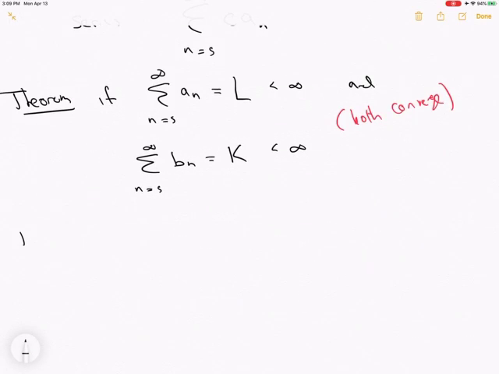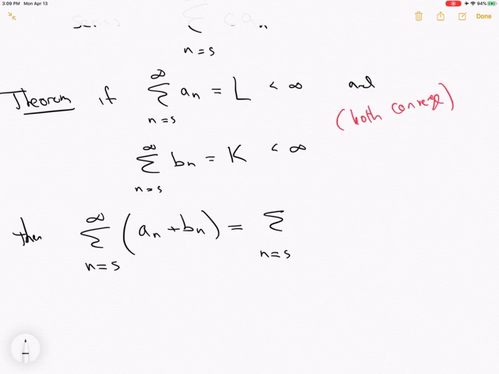Then both of the series, n equals s to infinity, if you add the terms, well, this converges too. But I'm showing you the algebraic property. We can actually split up the addition like so.